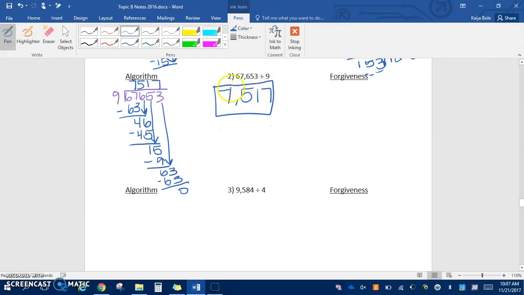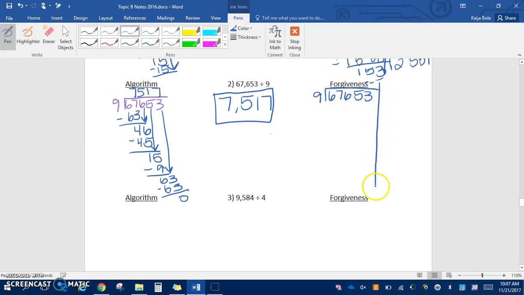Now if I check with the forgiveness method, same setup as before. 7, 6, 5, 3. Draw my line. So now if I use my answer from above, in the thousands, I'd have to take out 7,000 first.